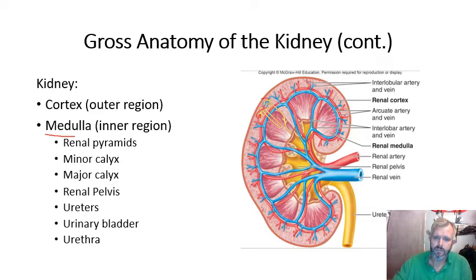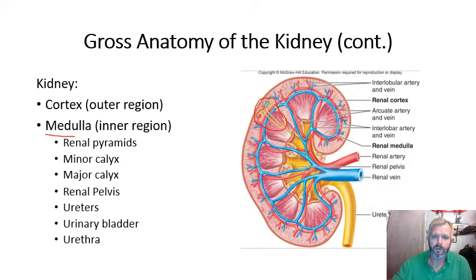So you can see this little structure. We're going to look at it in just a bit. It is the nephron. There are millions of these in each kidney. There are 1.25 million of these in each kidney, and this is where the filtration is going to take place and where urine is going to be formed.